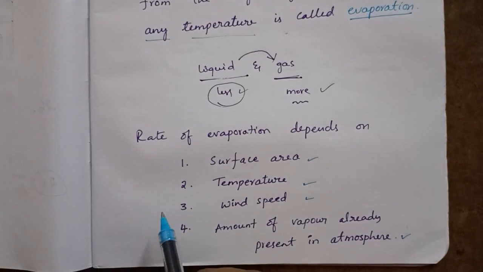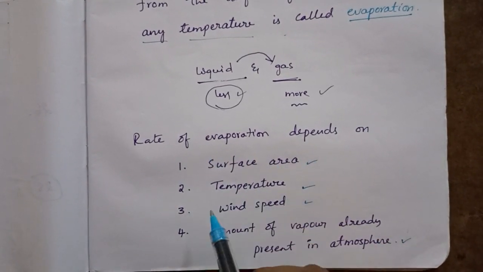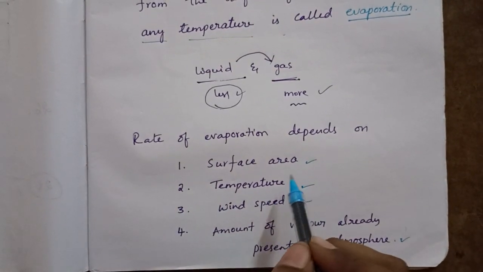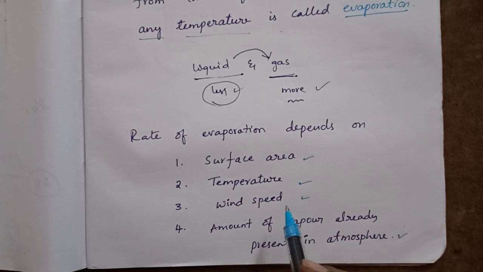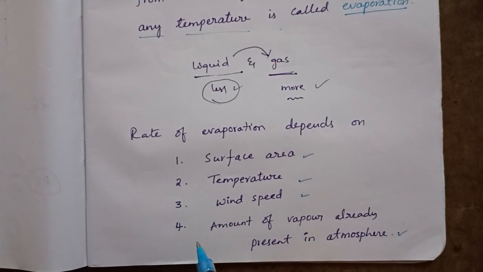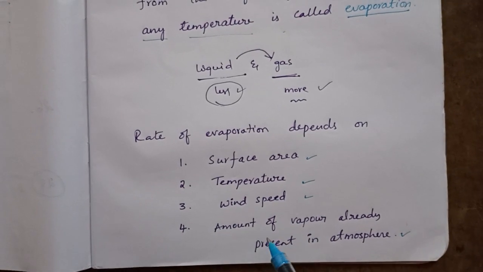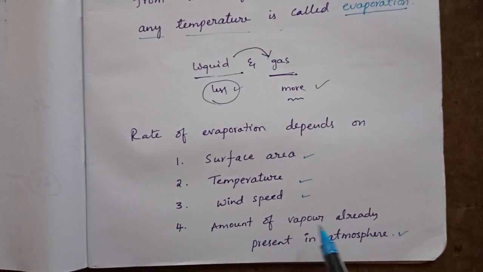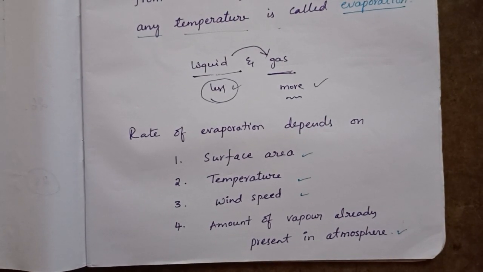Rate of evaporation depends on surface area. Rate of evaporation depends on temperature. Rate of evaporation depends on wind speed. Rate of evaporation depends on the amount of vapor already present in the atmosphere.